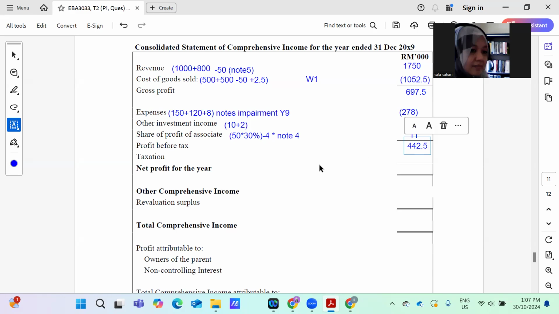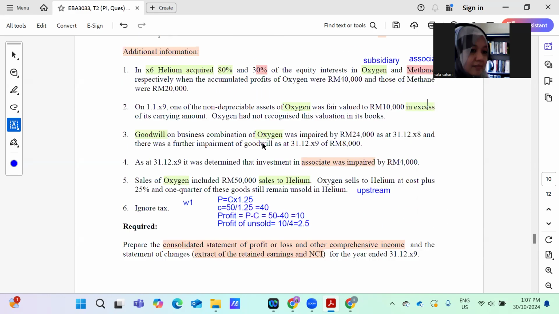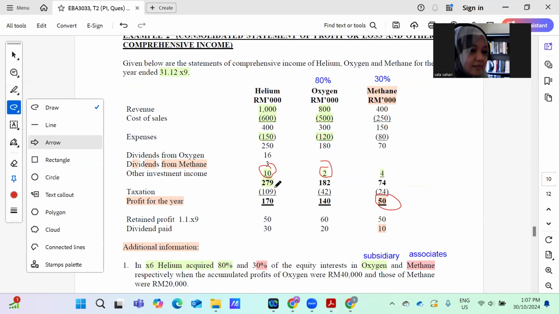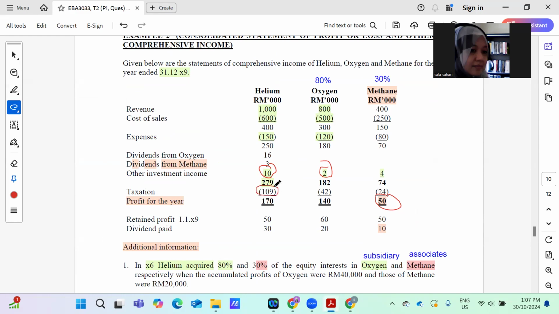And then we take the taxation figure, H plus subsidiary only. So let's see tax. The tax is 109 and 42.